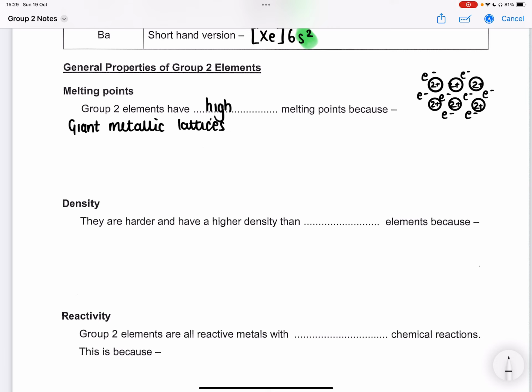And it's that force of attraction, be careful to say what the attraction is. It's a force of attraction, not a force of repulsion. Force of attraction is going to be strong.